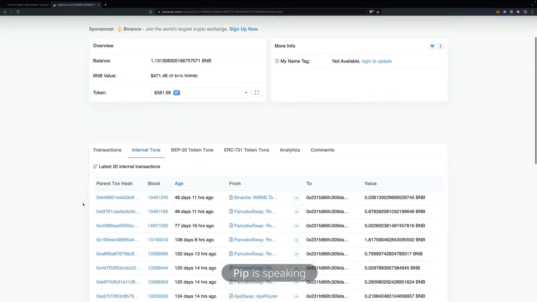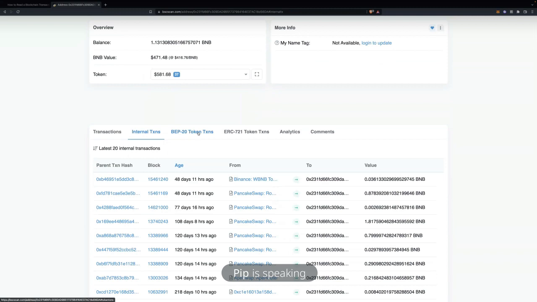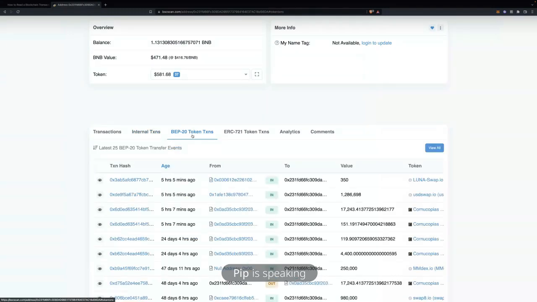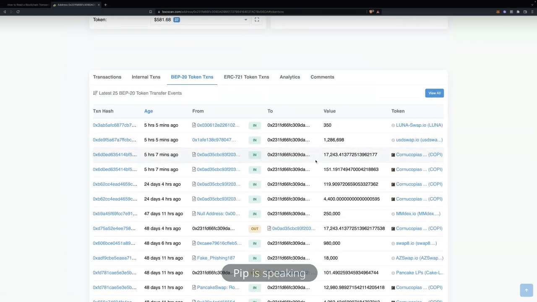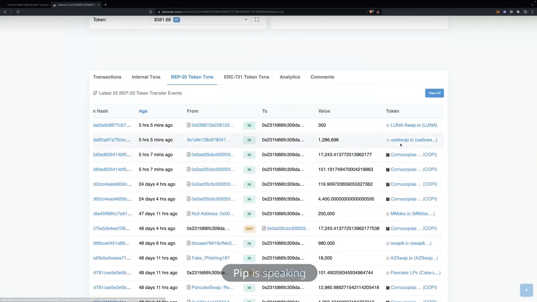Interesting, isn't it? Now, what about the second one, BEP20 tokens transactions? This simply filters down all the transactions here to the BEP20 tokens. So here you can see Binance Smart Chain. You can see Luna, USD Swap, cornucopias, MMDEX, cornucopias, and all the other ones.